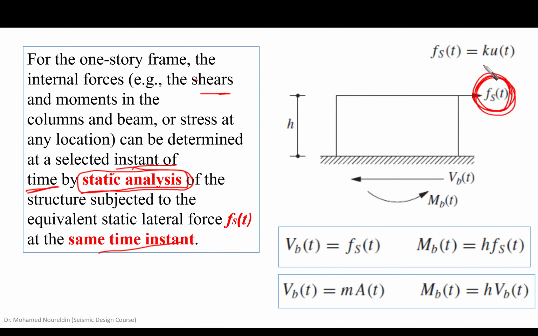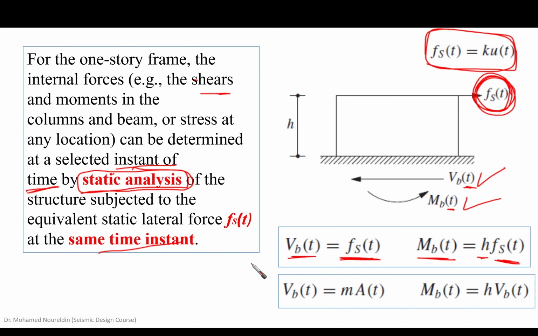Here we have f of s, which is already obtained from the equation we mentioned two slides before, and then we can obtain the base shear and the moment at any time. V base equals f of s, and M base equals H times f of s.